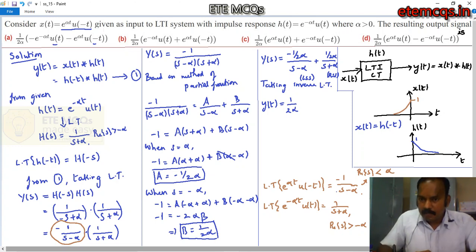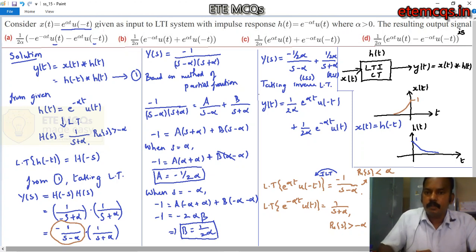We know that the inverse of minus 1 by s minus alpha is e power alpha t into u of minus t. For the second term, it is plus 1 by 2 alpha, the whole into 1 by s plus alpha, whose inverse is e power minus alpha t into u of t.